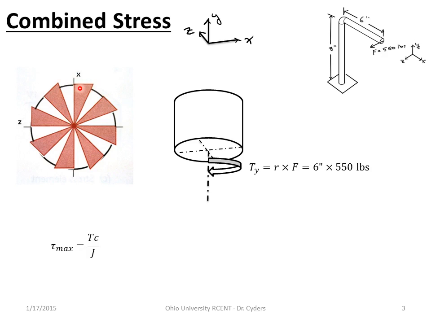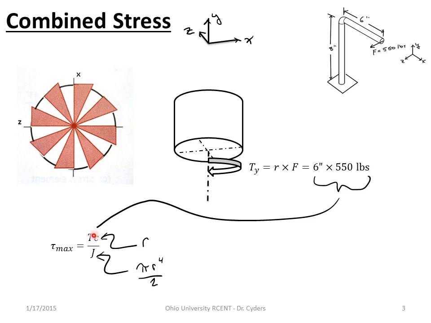And so we have that our maximum shear stress due to a torsion is the torque times, in this case, the radius, the maximum distance from the neutral axis, divided by the polar moment of inertia, in this case, pi r to the 4th over 2. Now, one thing to remember, and we'll go over this when we go to combine this with the other stresses.